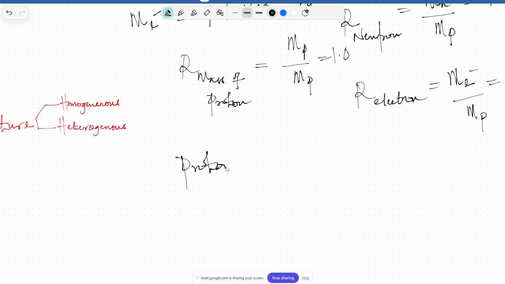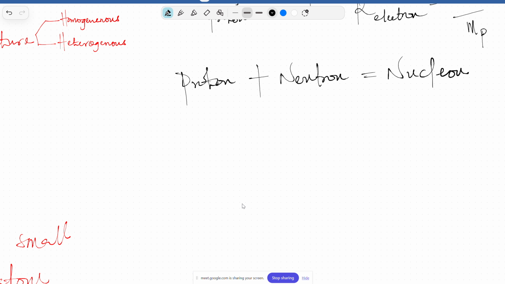Proton plus neutron is equal to nucleon. They are found within the positive center.